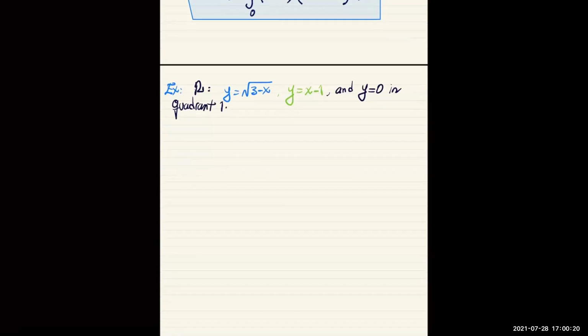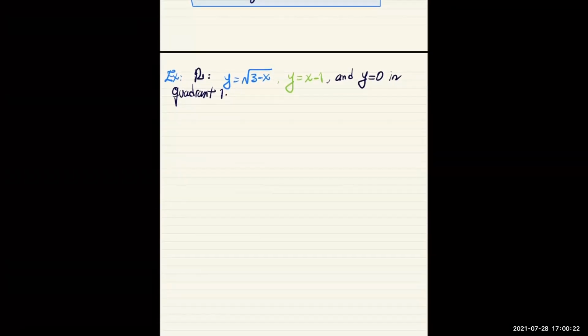Okay, so let's find the points of intersection. Set the two functions equal. You can solve this equation by squaring both sides, or try to solve by inspection. Can anybody tell me what the solution is by inspection? Just plug in a bunch of numbers. If I plug in 0, it's not going to work.